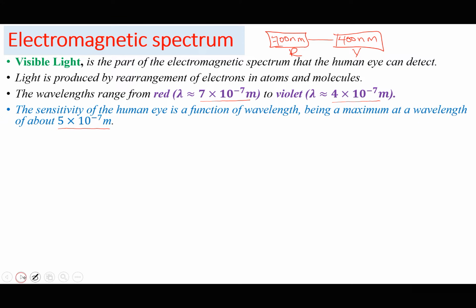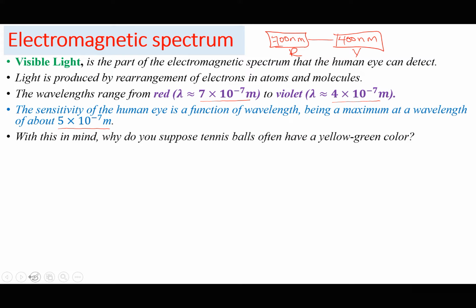Of course, with this in mind, it is now not surprising anymore that tennis balls have a yellow-green color, because yellowish-green has a wavelength of approximately 5 times 10 to the power of -7 meters.